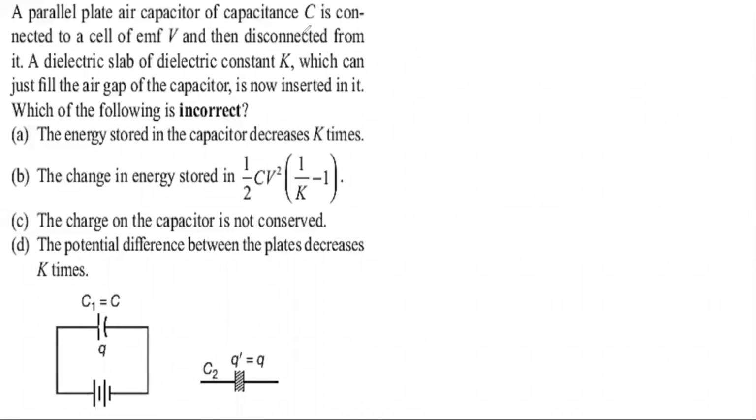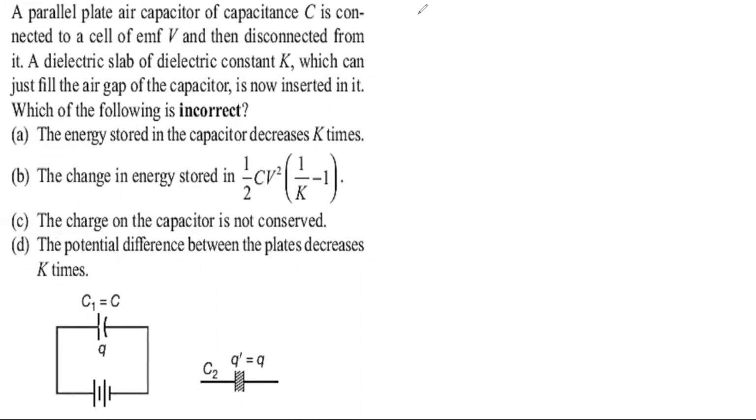Okay, now if you see this question, this is actually very important. Here it is said that a parallel plate capacitor of capacitance C is connected to a cell of EMF V and then disconnected from it. This is our parallel plate capacitor, and remember we are doing this for vacuum.